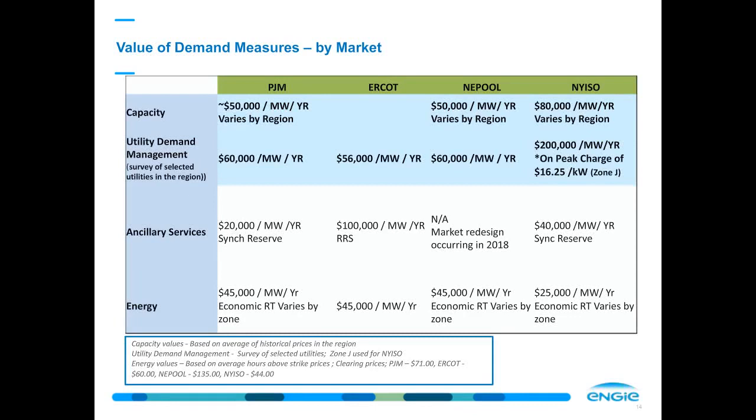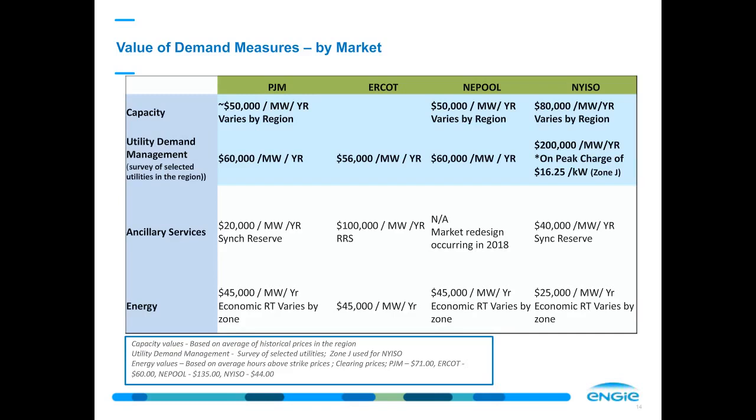This is a representation of the four markets, and it represents what type of value would be associated with a reduction of 1 megawatt towards your PLC. So if you're a 3 megawatt customer, that's your peak load contribution for the current capability period, and you use any of these measures, again, ECMs, on-site generation, etc., to lower your PLC by a megawatt, you can see in PJM, as an example, that a megawatt represents about $50,000 in savings.